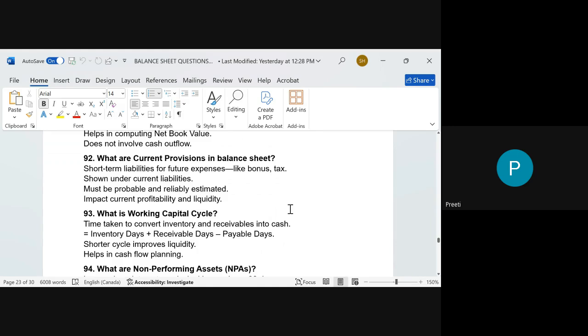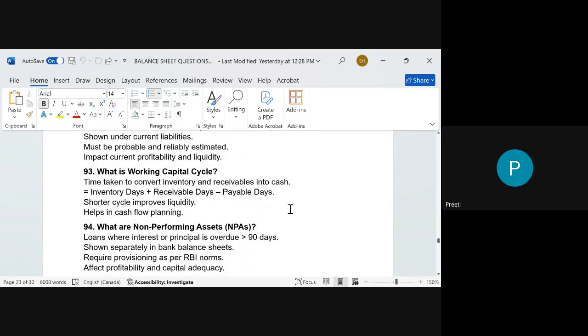Short-term liabilities for future expenses like bonus, tax, shown under current liabilities, must be probable and reliably estimated. Impact current profitability and liquidity. What is working capital cycle? Time taken to convert inventory and receivables into cash, equal to inventory days plus receivable days minus payable days. Shorter cycle improves liquidity, helps in cash flow planning.